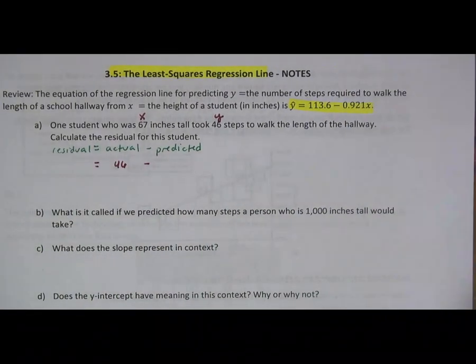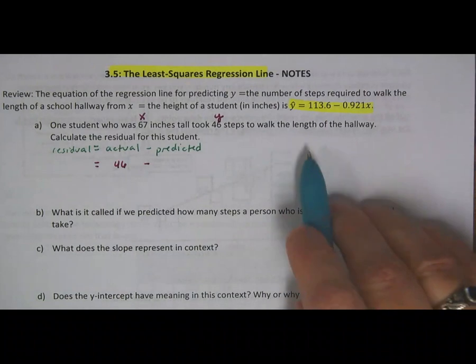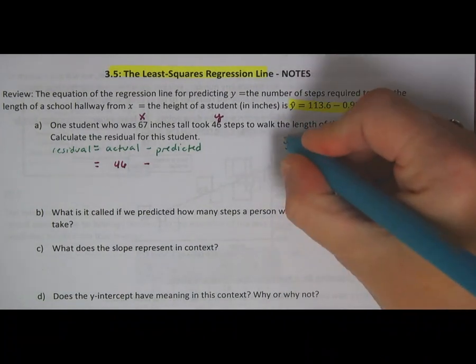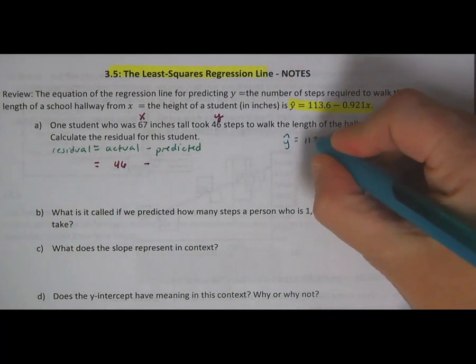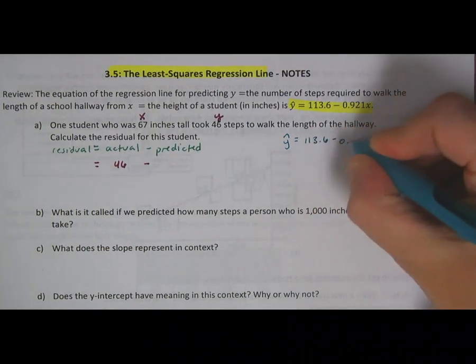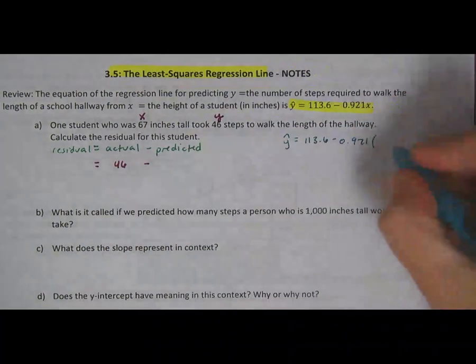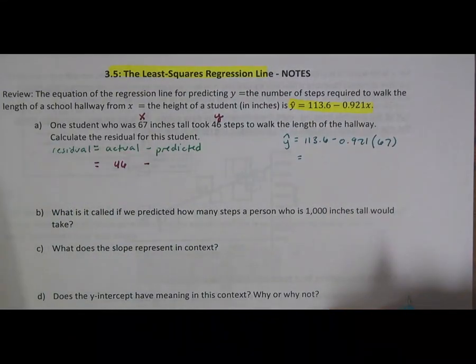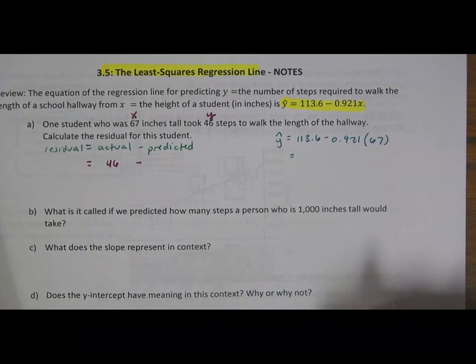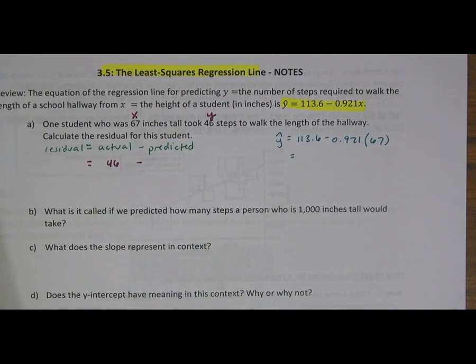Based on the fact that they're 67 inches tall, I'm going to go off to the side and use that line regression formula, 113.6 minus 0.921, and then plug in the height of the student to see what I would predict their number of steps would be. 113.6 minus 0.921 times 67.